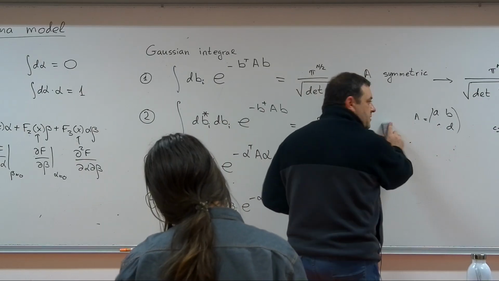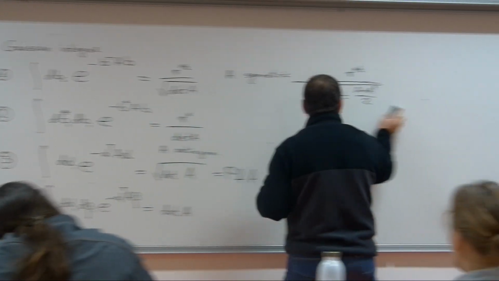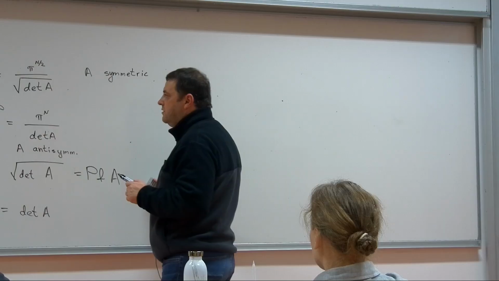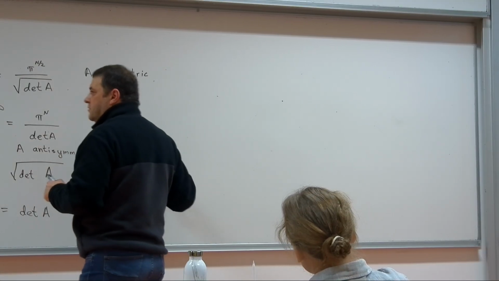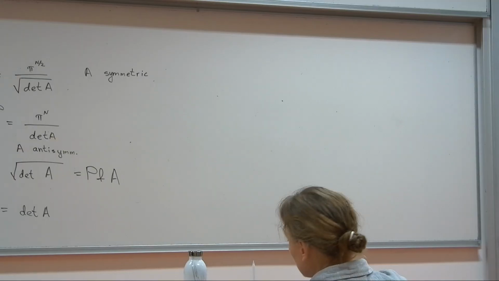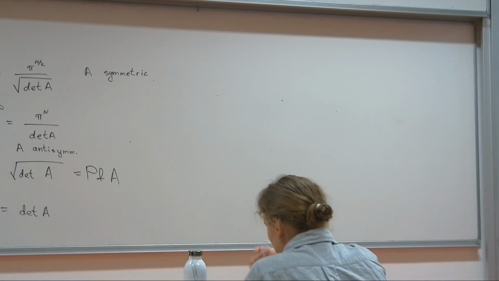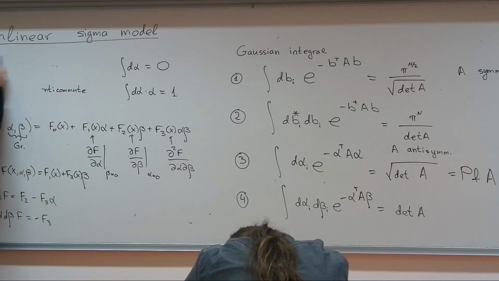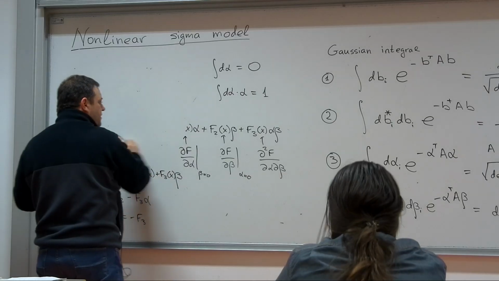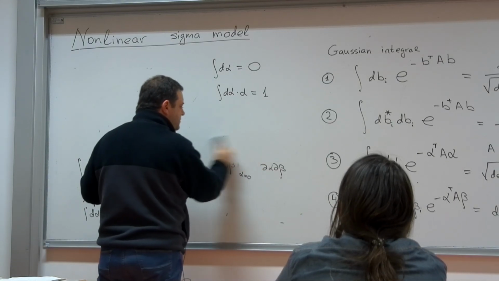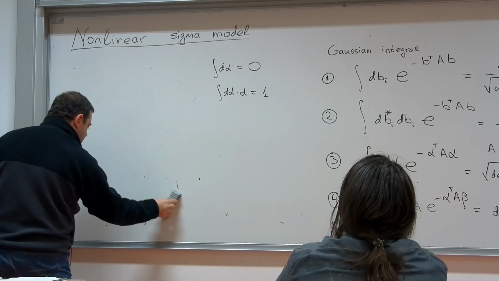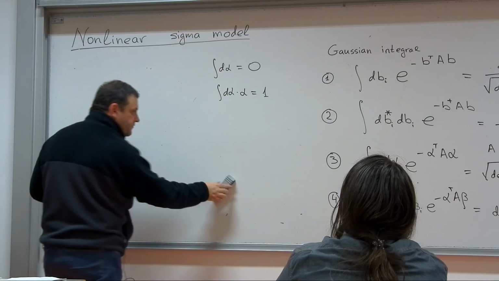So let's at least start doing some nonlinear sigma model. I will just remove this whole garbage. When you build a field theory, it means you replace your particles with fields.